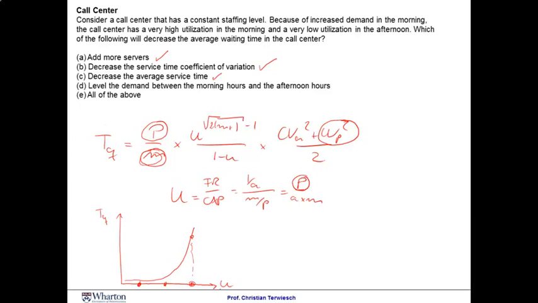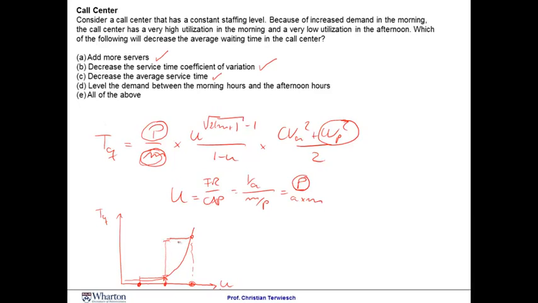Now conceptually, you see that if we could bring this together and level the demand, so we move some of the demand from the morning into the afternoon hours, well, the folks who previously had a super short wait time will lose a little. They wait a little longer here, right? So you see there's a little increase here in the waiting time for these guys. But the morning people will really, really benefit, right?